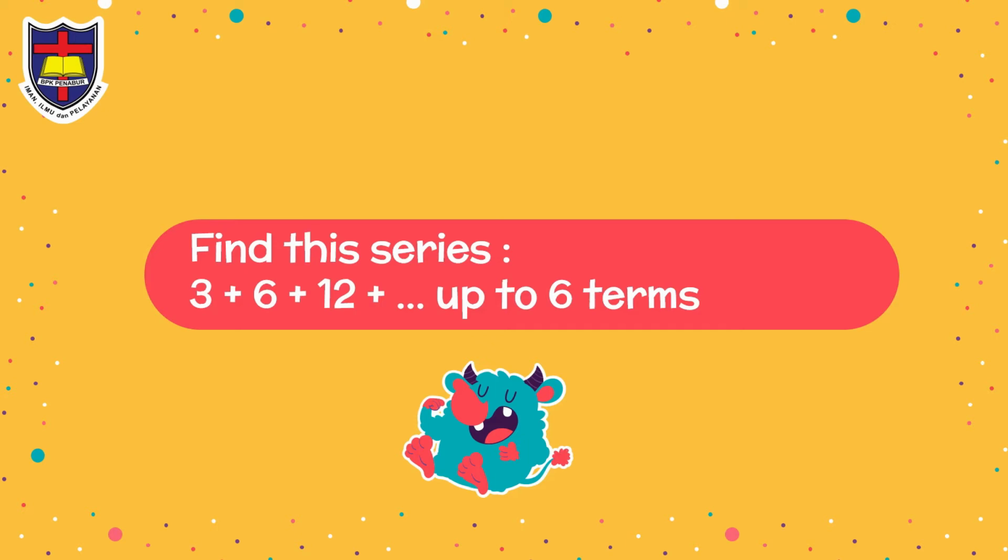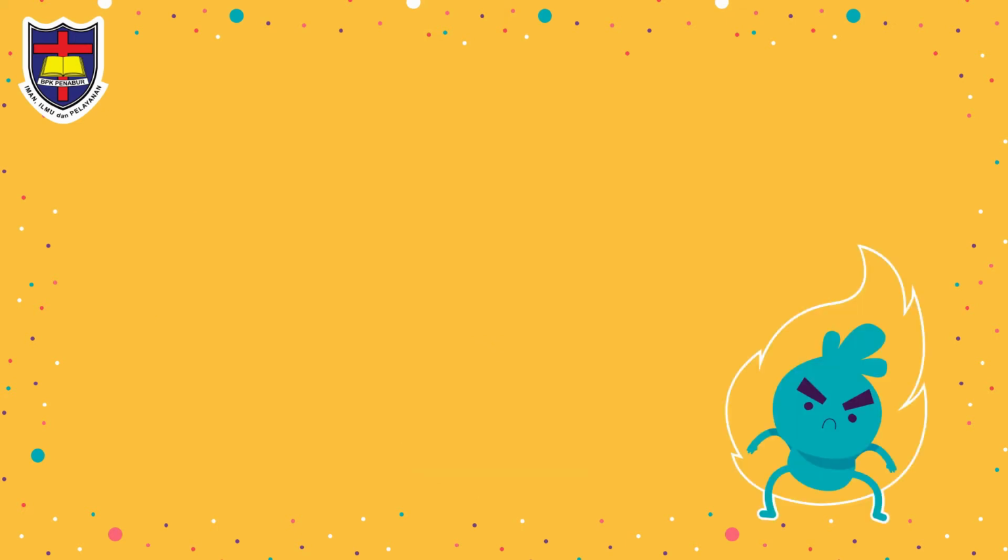So this is a geometric series. So we can use its formula Sn equals a times r to the power of n minus 1 over r minus 1. So we have a equals 3, and then r, or ratio, is 2, and the value of n is 6.